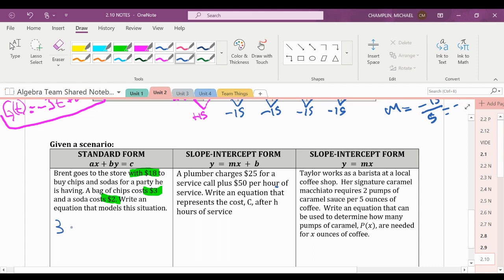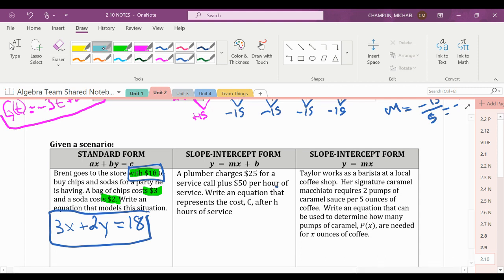I'm going to make that my a, so I'm going to say 3x. But soda is a different concept, right? So I need a different variable to go with that. So I'm going to make 2 my b and keep the y. However, I have a total of $18 to finish this off. That would be 18. Okay, so there is my equation for that.